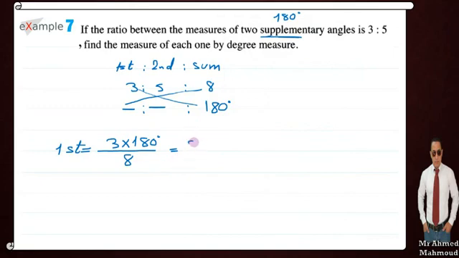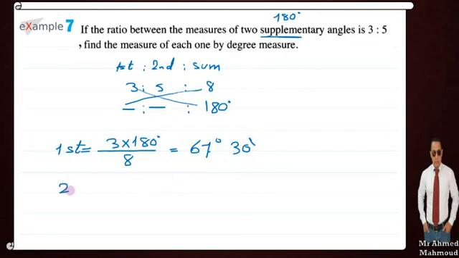So it is 67 degrees 30 minutes. I will not write 0 seconds.